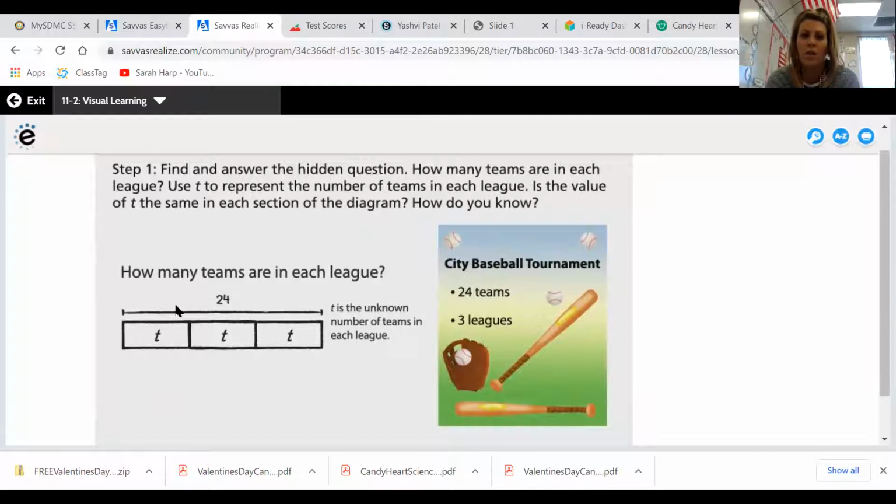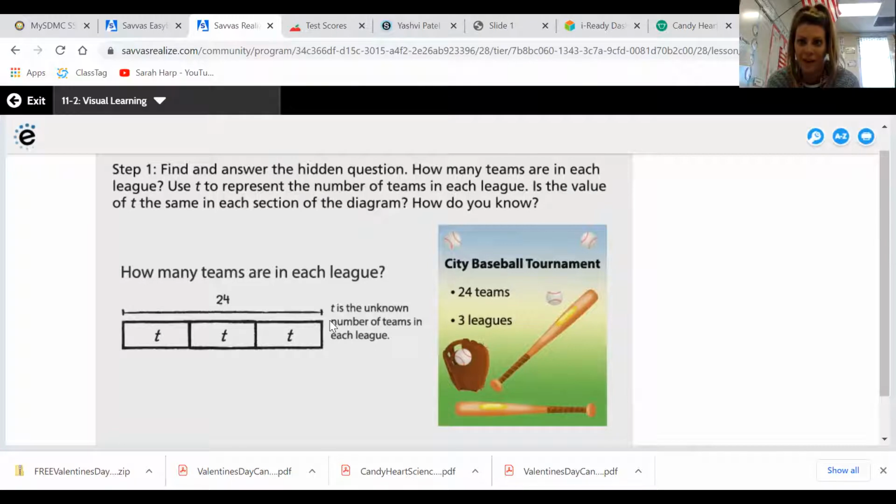So they've got 24, and it's saying each team is divided into 3 leagues. The 24 teams is divided into 3 leagues. So does each box have to be the same number?